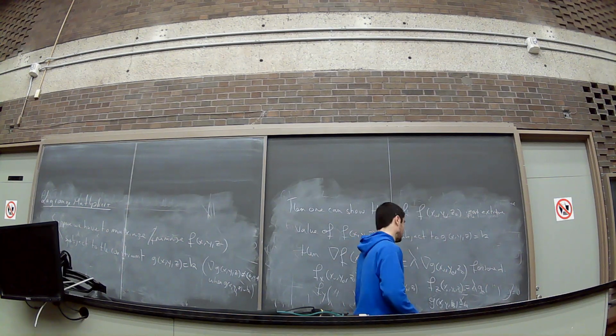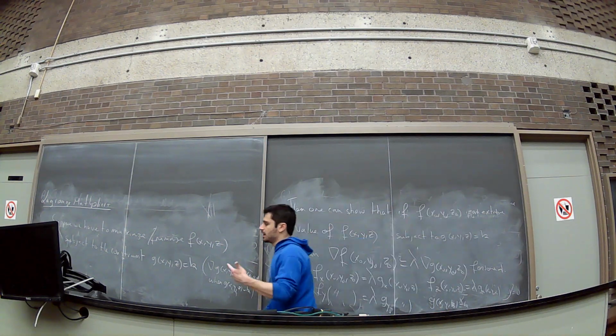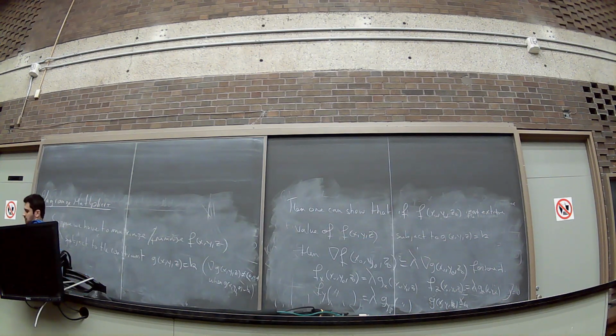And this will allow you to find, in general, the 4 unknowns: lambda, x, y, and z.